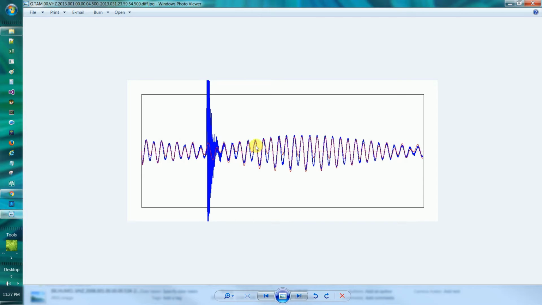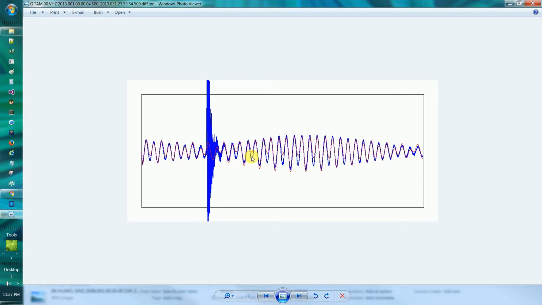I don't know why some of these act that way. Oh, I know possibly what's going on. Some of these stations, like G.TAM, I have no idea. Some of the stations were near the ocean, and besides the earth tides, there were also ocean tides, and I think I saw quite a bit of that.